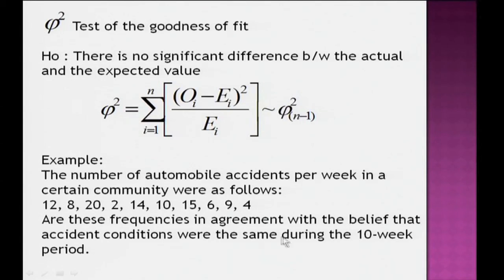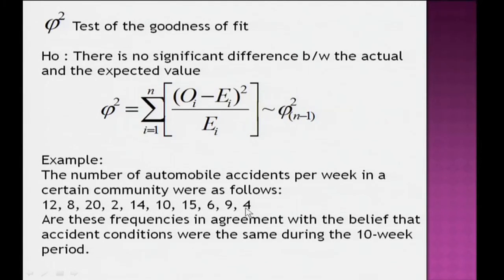Are these frequencies in agreement with the belief that accident conditions were the same during the 10-week period? Okay. In 1 week there were 12, another week 8, third week 20, 4th 2, 5th 14, then 6th 10, 7th 15, 8th 6, 9th 9 and 10th 4.